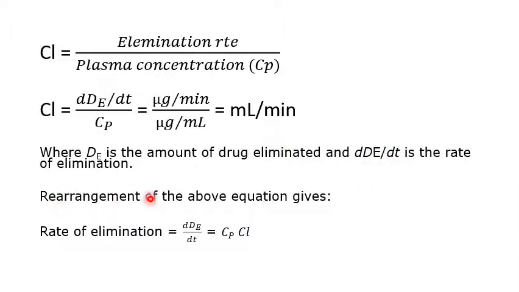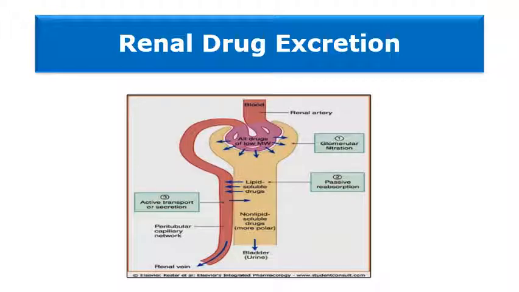So the arrangement of the above equation gives the rate of elimination equals plasma concentration multiplied by clearance. I think this is enough for the first lecture.